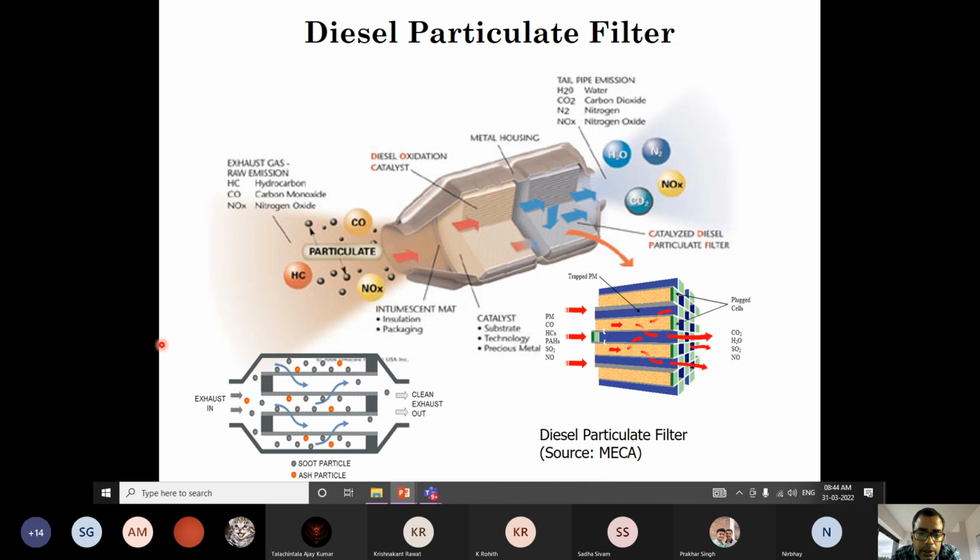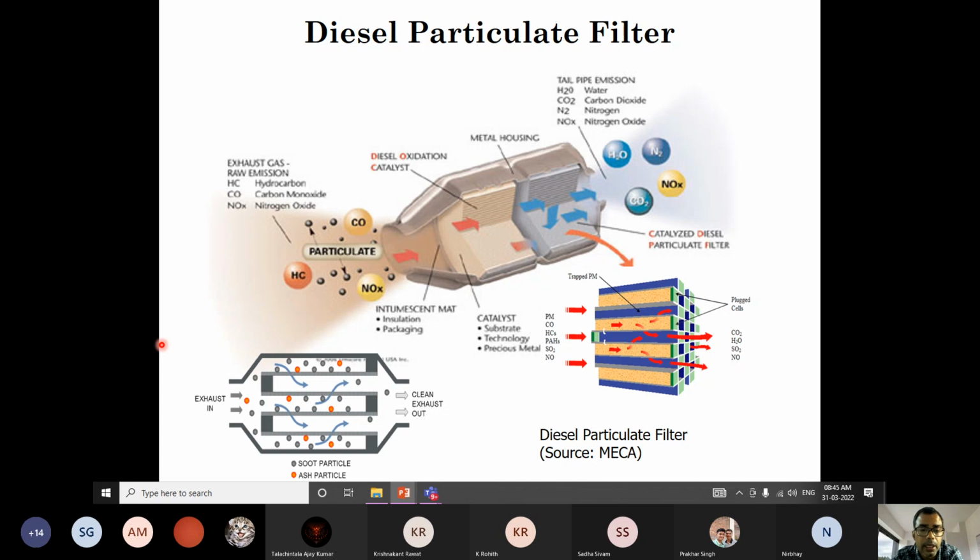When the hydrocarbons in the gaseous phase condense over the soot particles, then we term it particulate matter. So particulate matter has two different kinds of things: one is the solid soot particles and the other is organic particles.